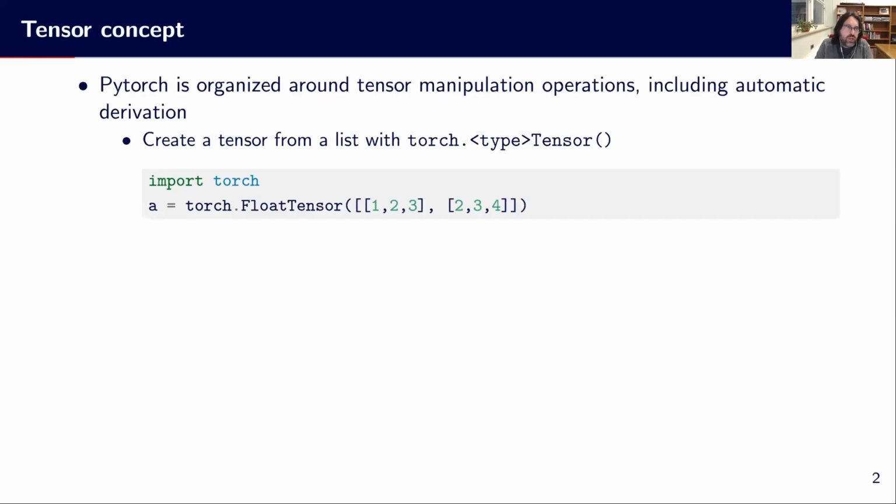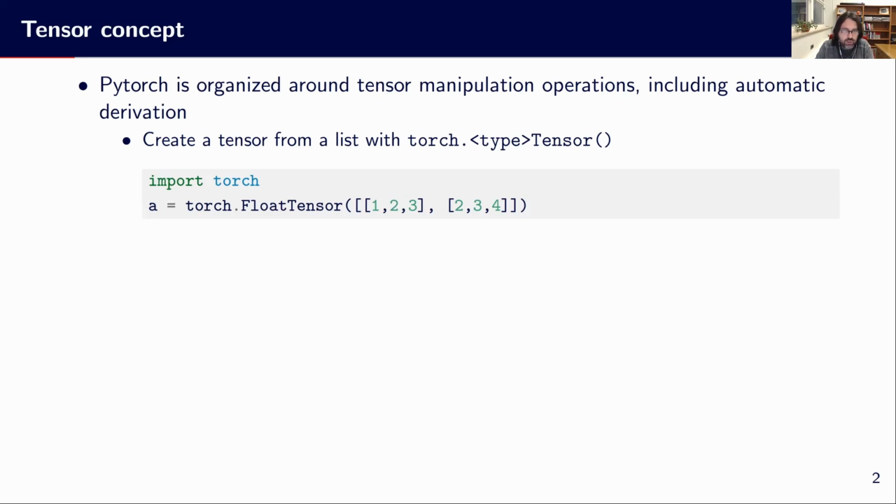PyTorch, like most such libraries, is organized around the notion of manipulating tensors, including automatic derivation. So we are creating tensors of different types. We can call torch dot the type we are looking for, then tensor, and it will build a tensor of these values.